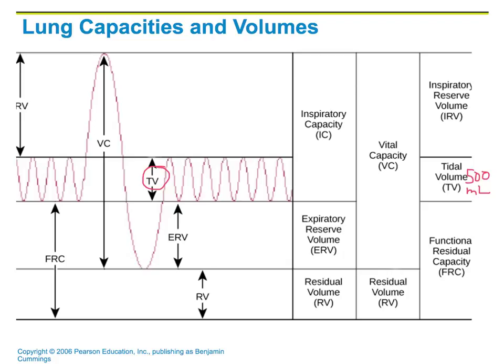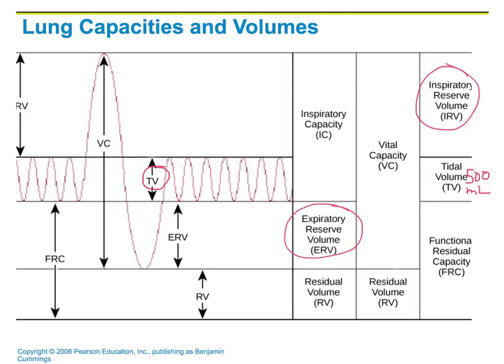You can obviously breathe out beyond the end of your tidal volume, and that's the expiratory reserve. You can also breathe in beyond the normal inspiration or top point of the tidal volume, and that's your inspiratory reserve.